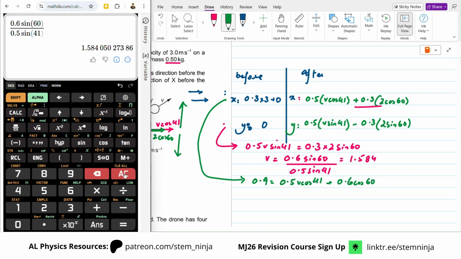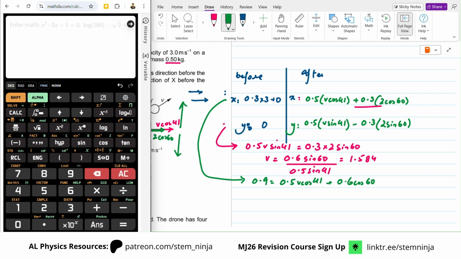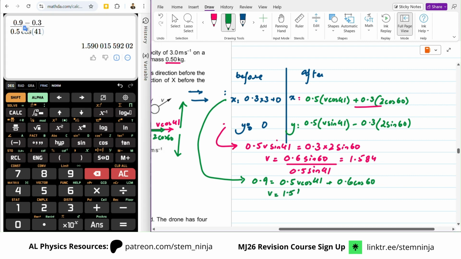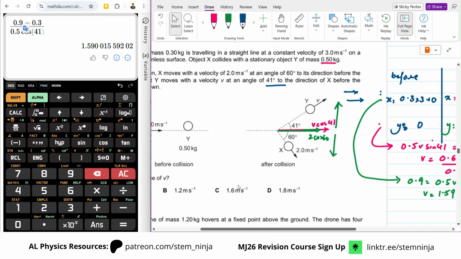So this would be 0.9 minus 0.6 cos 60, which is just 0.3 because cos 60 is half, divided by 0.5 cos 41. So 1.59 roughly again. So 1.59 for both of them.